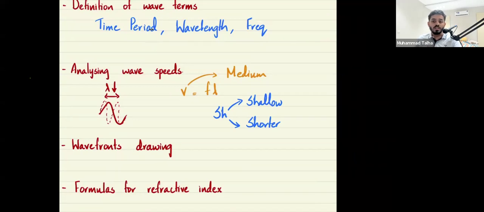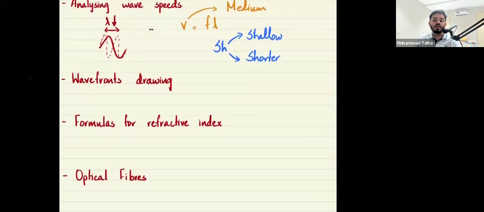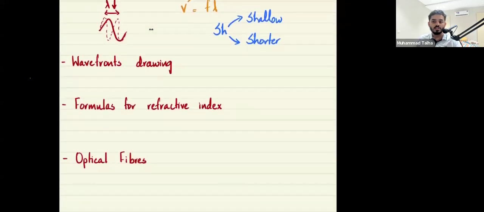So the frequency does not change, because it's decided by what produces the wave, but the wavelength does change, and ultimately the speed also changes. Wavefronts drawing is also something which definitely can come into your exam.